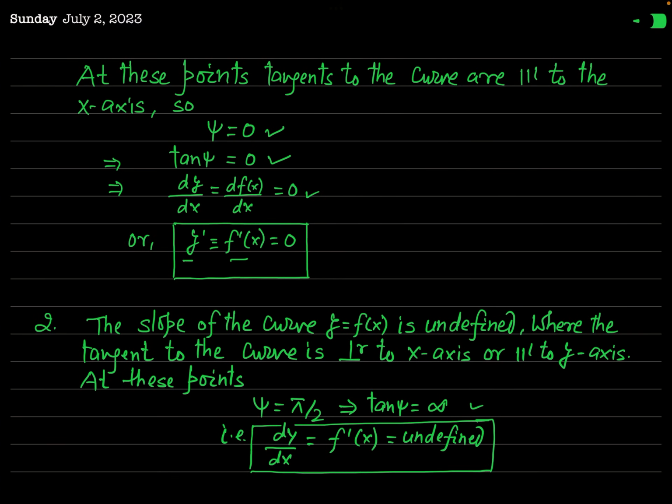And I have written this fact here. You can see that the slope of the curve y equal to f of x is undefined where the tangent to the curve is perpendicular to the x-axis or parallel to the y-axis. Because at these points psi will be pi by 2, and so tan psi will be infinity. Infinity means undefined.